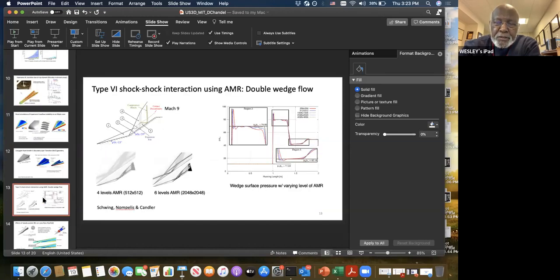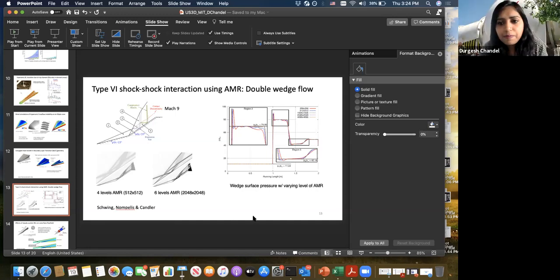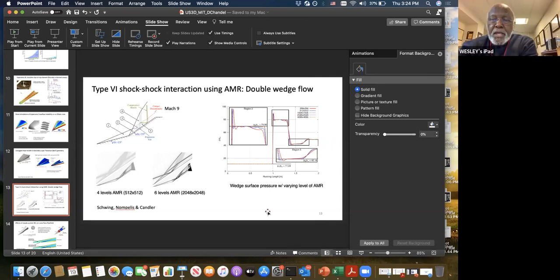Any heat transfer calculations at all? The paper I read did not have heat transfer, I think. But I'm not sure. I can check back. I can find it. You gave us the authors. Yeah. All right.